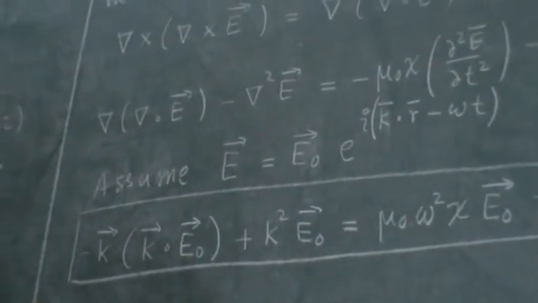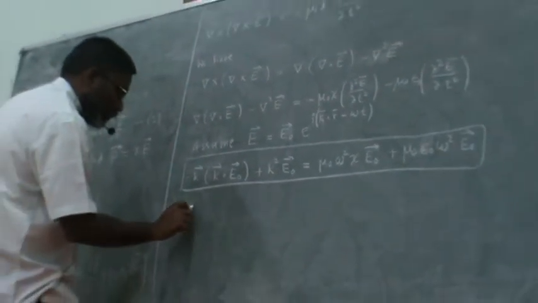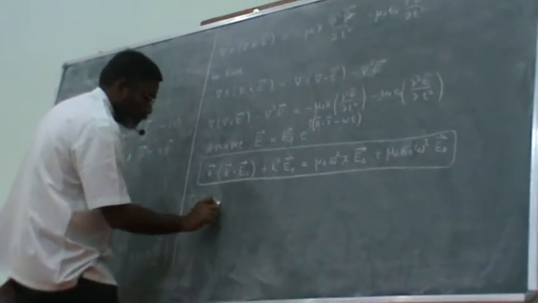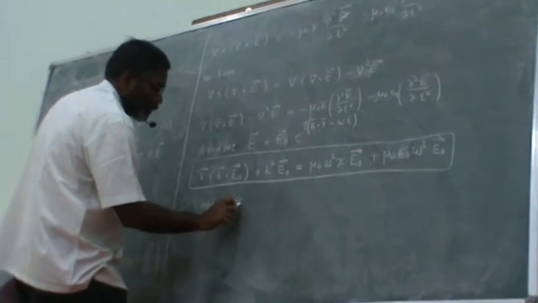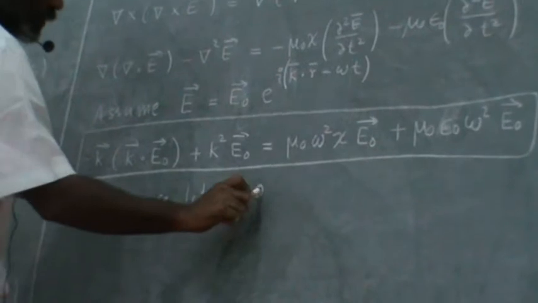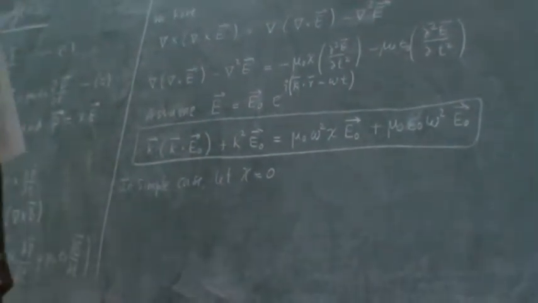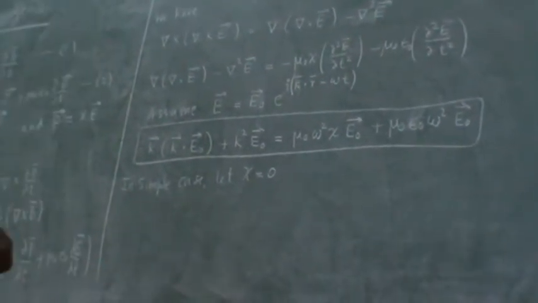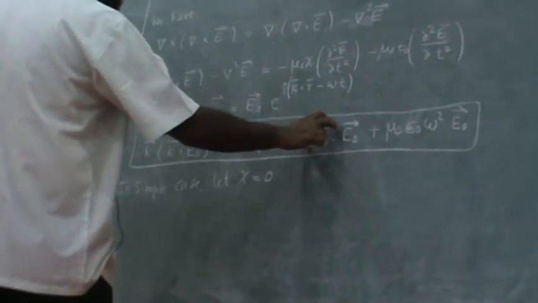Now first, in the simple case, let chi be equal to 0, that means there is no material. If there is no material, this term will not be there.